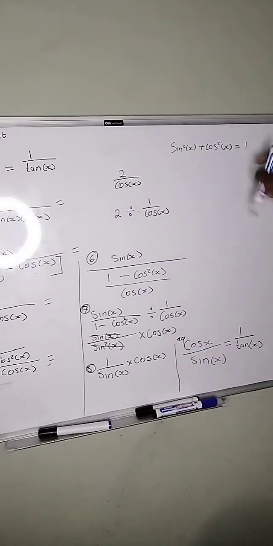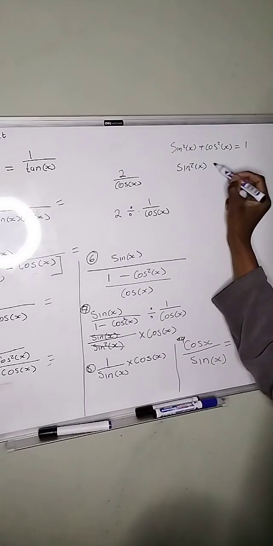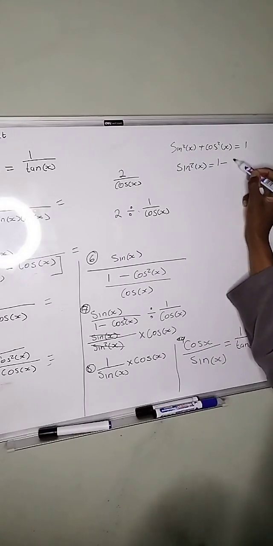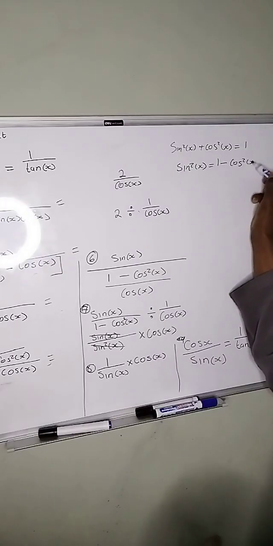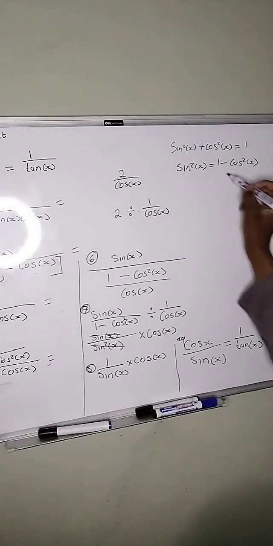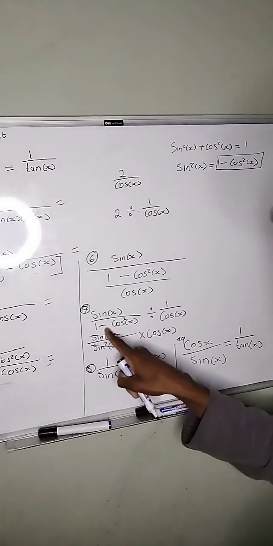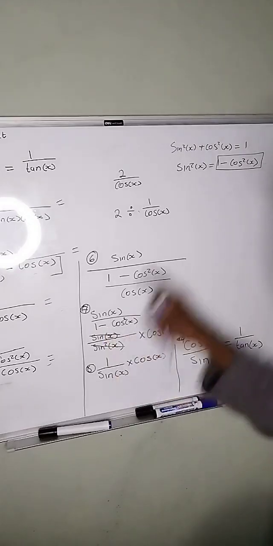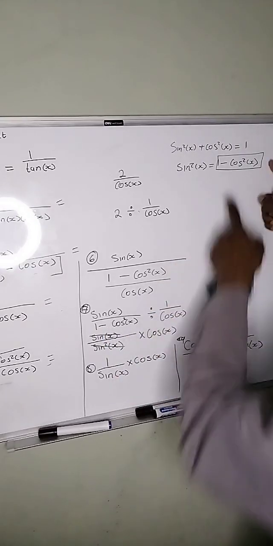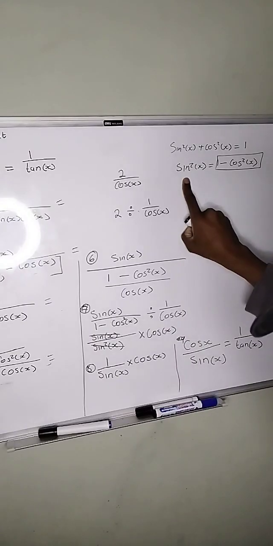If you take this one and put it on the other side, you will see sine squared x is going to be equal to 1 minus cos squared x. So I saw this, and wherever I see this, I substituted sine squared x. Is that understandable?